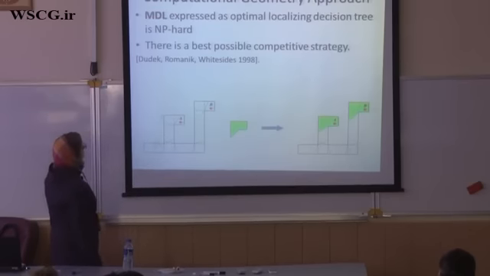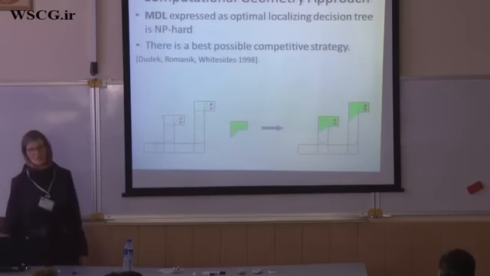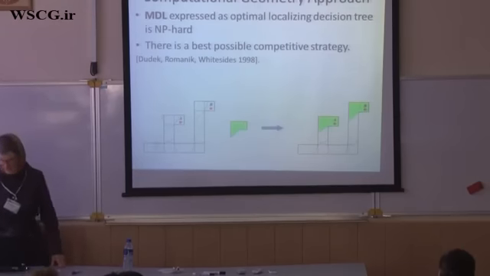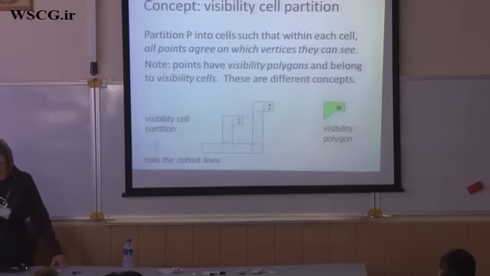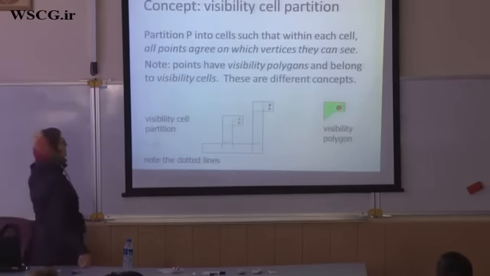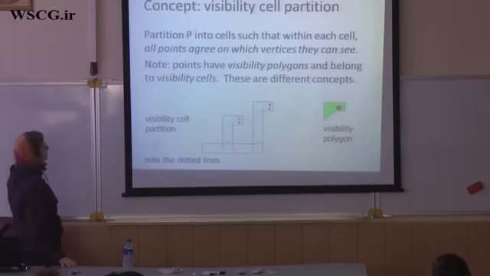So it turns out we could design a strategy that gives the best possible competitive ratio. So that's pretty much the best kind of result you could hope to get in this situation.